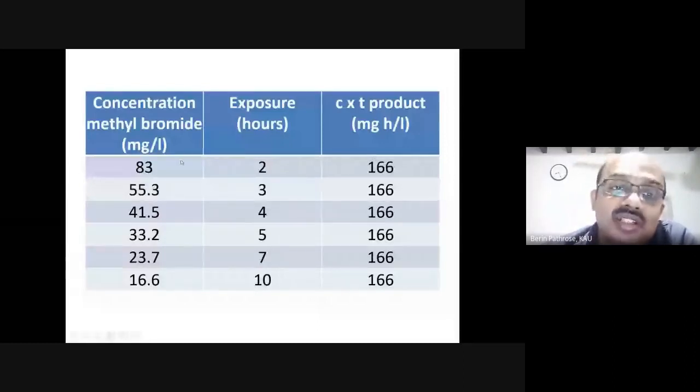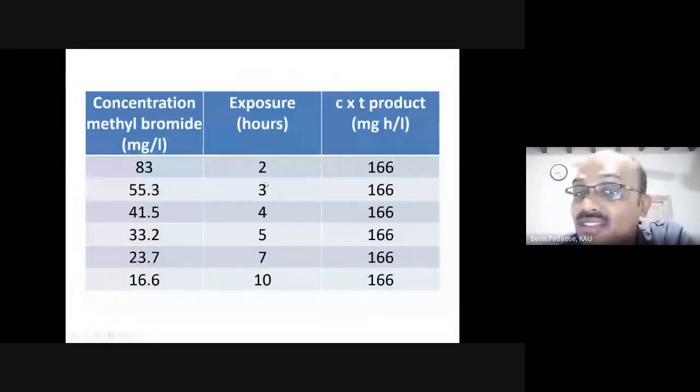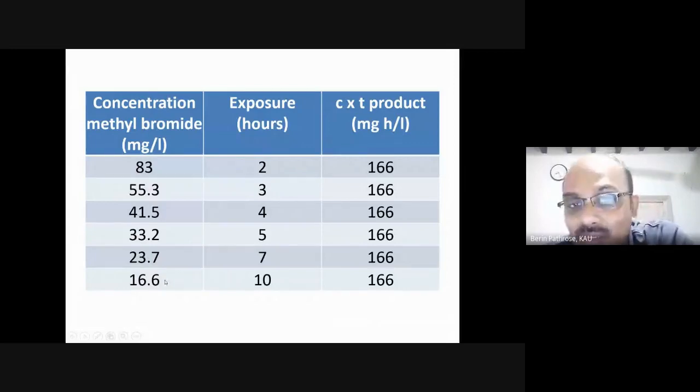If we decrease the concentration from 83 to 55.3, then we have to increase the exposure period. 55.3 into 3, we will get the CT value as 166. Take the case of the lowest concentration, 16.6 milligram per liter. We have to increase the exposure period to 10 hours. Again, the CT value is 166.